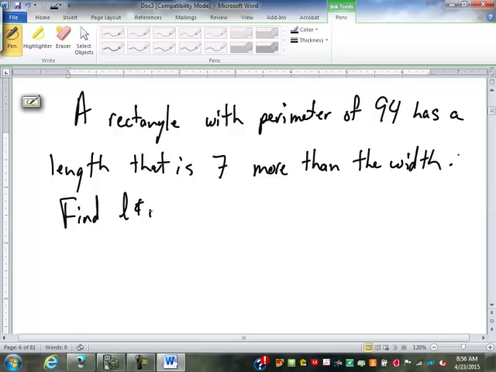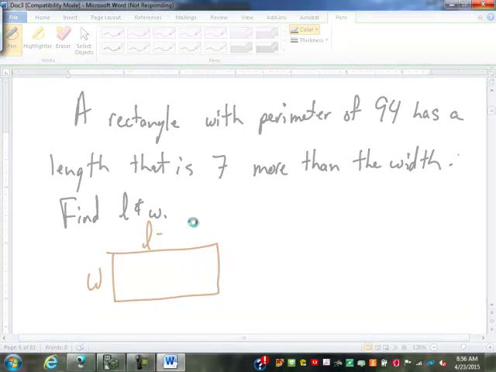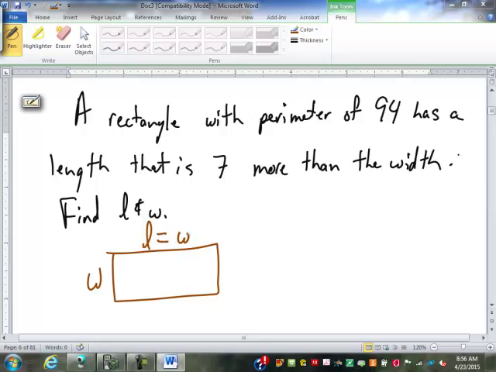Find the length and the width. So once again, rectangle. Here's the width, here's the length, but we are told that that length is 7 more than the width.